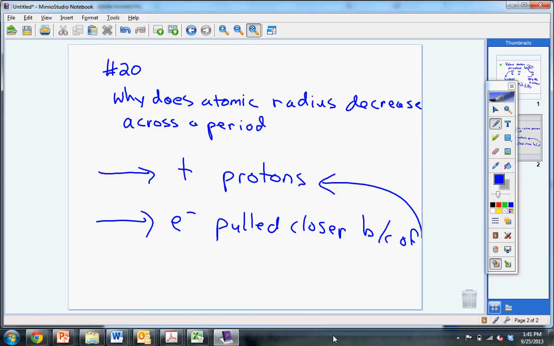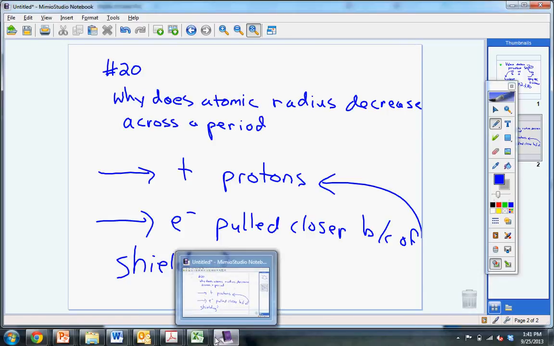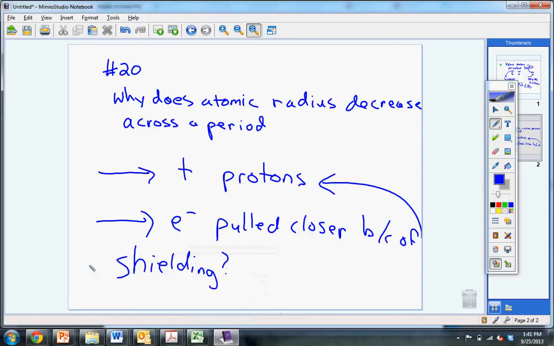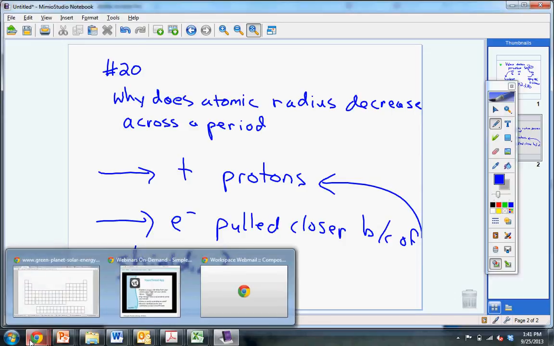Anything else? What happens to shielding as you go across? Does it increase or decrease? Anybody know anything about shielding? Like layers. We're going to get into it in more detail today.